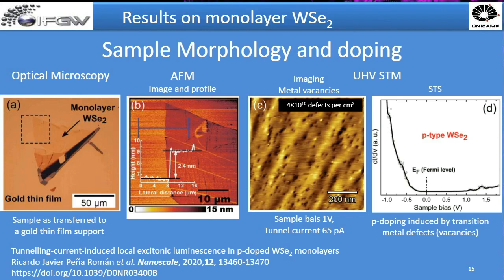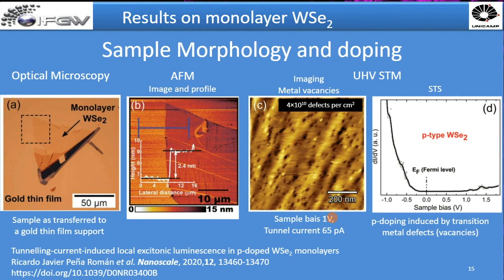a small annealing to make it clean for imaging, and have seen a significantly high density of these dark defects. And this sample was nominally p-doped, and referring to the literature, we could see that this p-doping is linked to metallic vacancies, and that's what we saw, a lot of these darkish defects for positive bias.